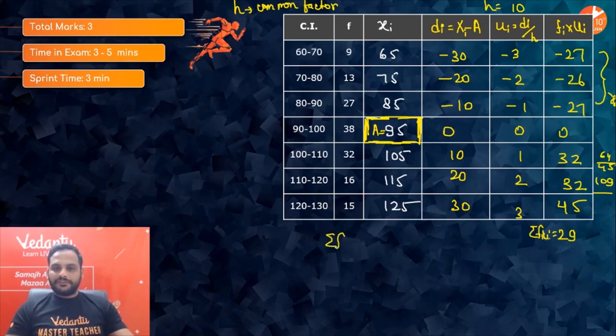Sum of the frequency will be equal to what? 9 plus 13 plus 27 plus 38 plus 32 plus 16 plus 15.